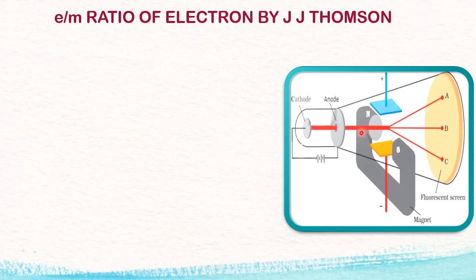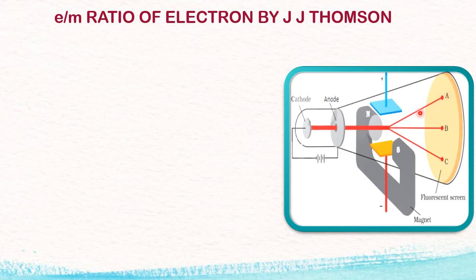Friends, when there is no electric field and no magnetic field, cathode rays travel in a straight line and hit this spot, that is spot B. But when he applies an electric field, because cathode rays are made from negatively charged electrons, naturally they are attracted towards the positive plate, so he could notice the hit on the screen at point A.